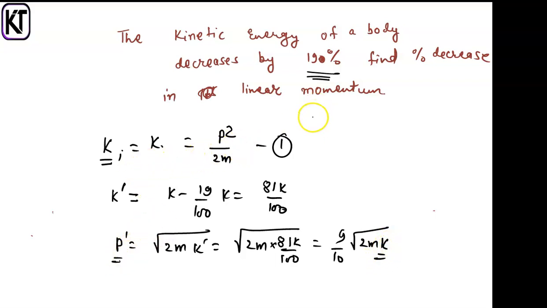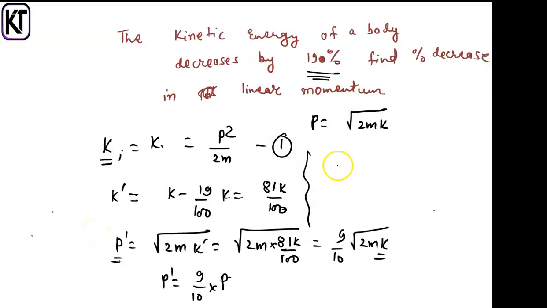Here P would be root 2m K, and P dash would be 9 by 10 times root 2m K. That makes it P dash equals 9 by 10 times P, the original momentum.